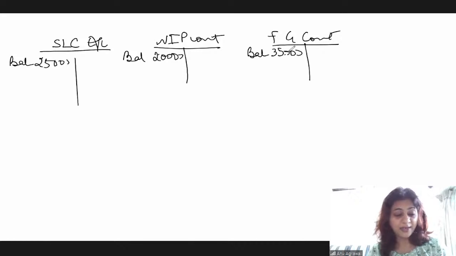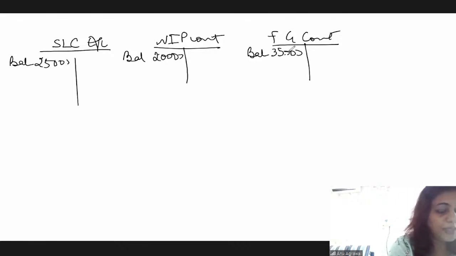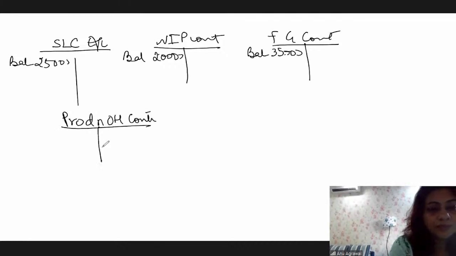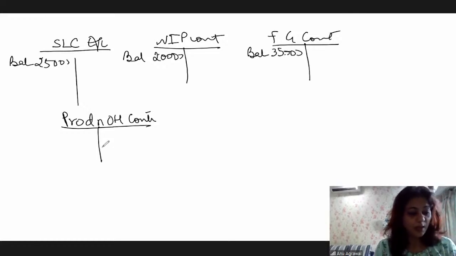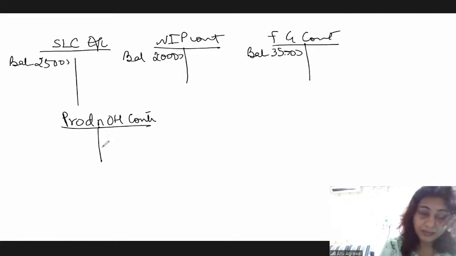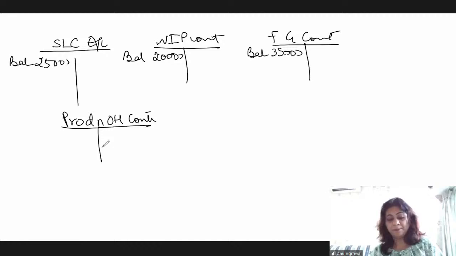Now look at it. Prepaid overhead brought forward from the previous month, right? So we have got a production overhead control account, and the amount is 3,000. Now what do you mean by prepaid overhead?